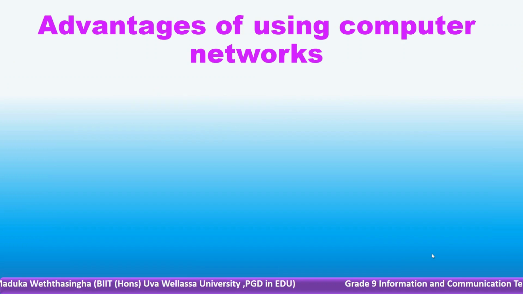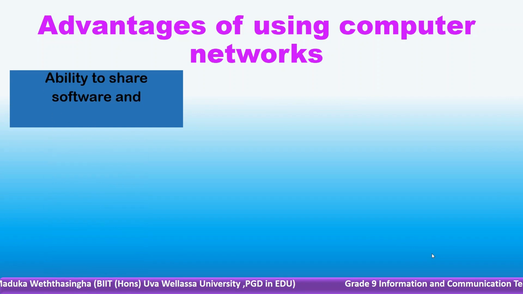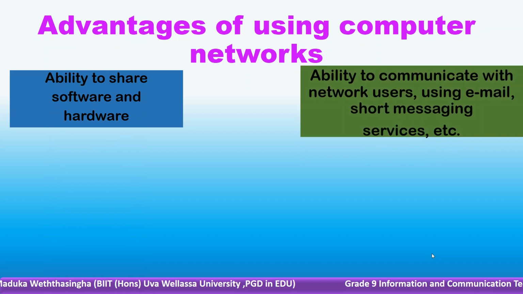So what are the advantages of using computer networks? We can share, or ability to share files, or it means softwares and hardwares. Ability to communicate with network users. It means the computers within the networks, right?